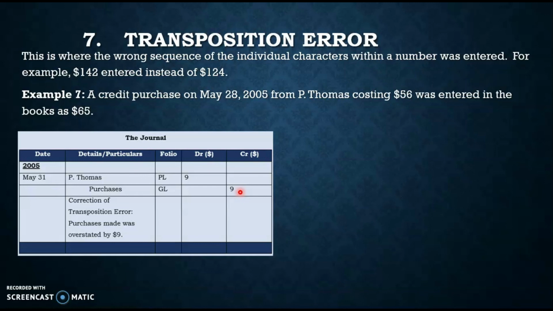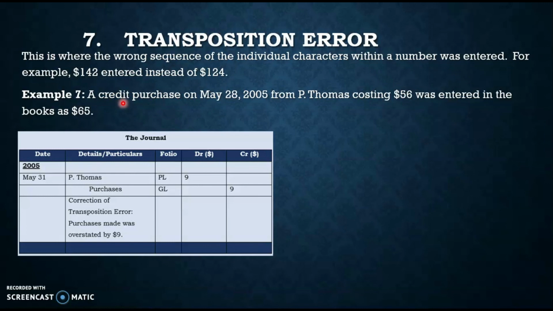So if it was a case where it was short, then we would have done the opposite. We'd have to put it on the side that it is on to add it up. So let's say it was supposed to be $65 and they put 56, then most definitely you would have credited P. Thomas with the $9 to add it back up to the 65, and you would have debited the purchases to add it back to the 65.